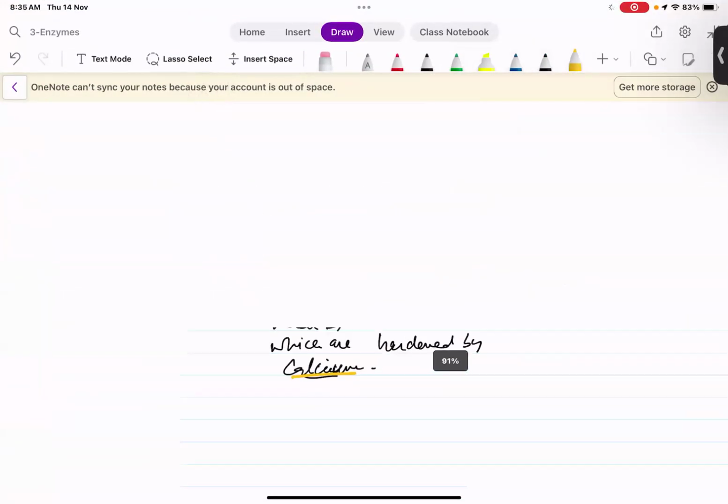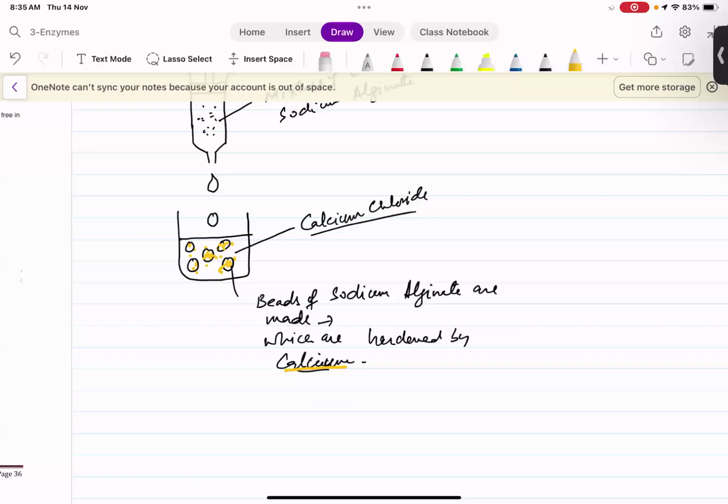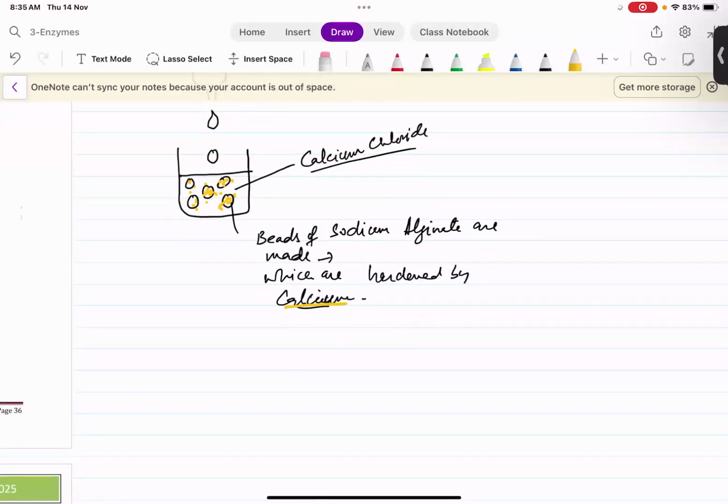So then these beads are removed out of it.